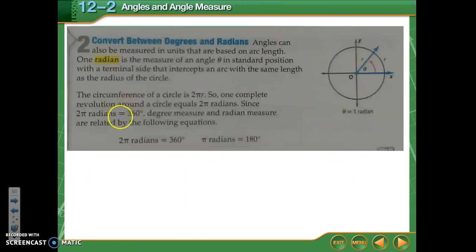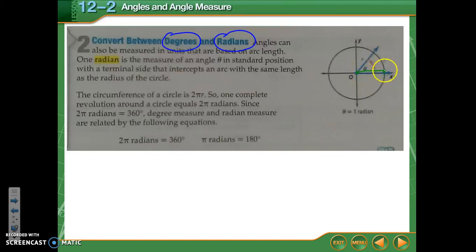All right, now we're going to get into a new way to measure angles. We are used to measuring angles in degrees, and in class we'll probably see a video that'll talk a little bit more about this, but another way that we can measure angles is called radians. And at first this is going to seem really weird because we're so used to thinking in degrees, but basically 1 radian means, if we look at this circle over here, the length of my radius, right?